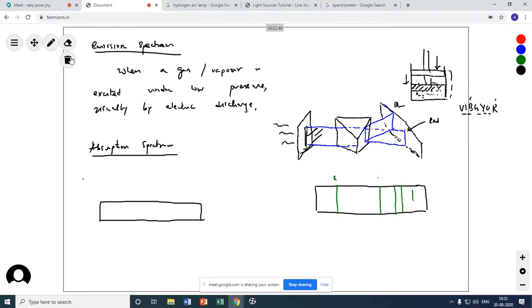So you see, hydrogen is the simplest atom. The spectral lines of hydrogen are distributed irregularly.